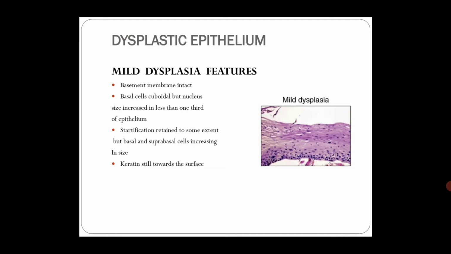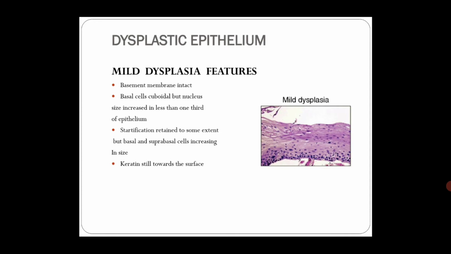Now coming to dysplastic epithelium, you have first the mildly dysplastic epithelium. In that you are going to see that the basement membrane will be intact, the basal cells will be cuboidal, but nucleus size will increase in less than 1/3 of the epithelium.